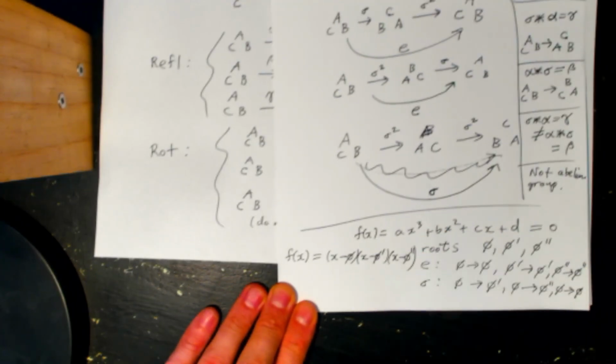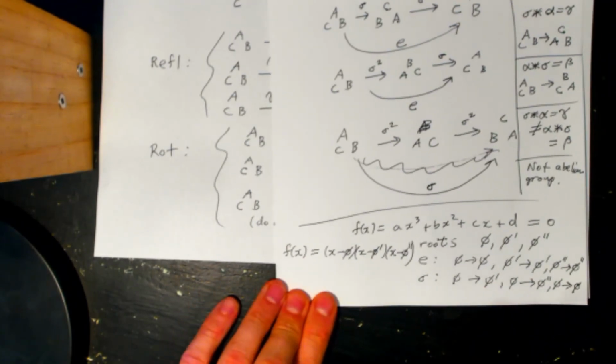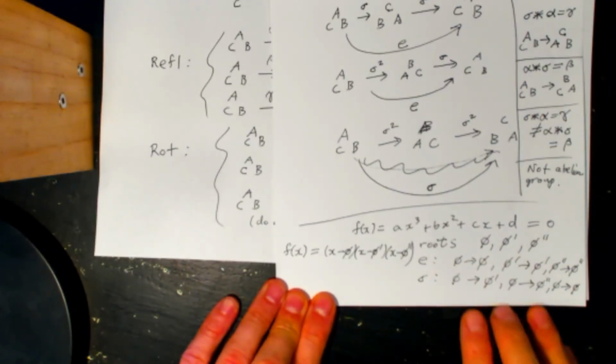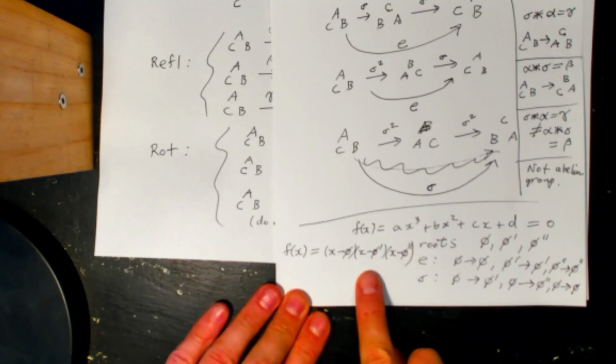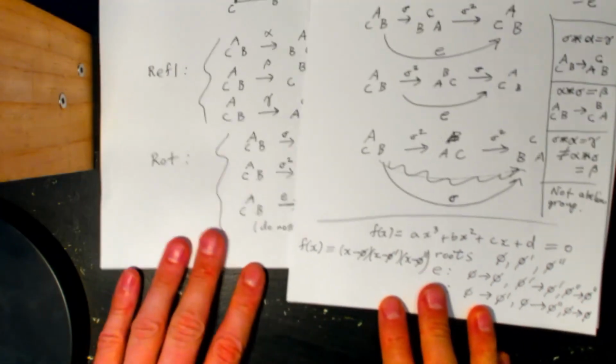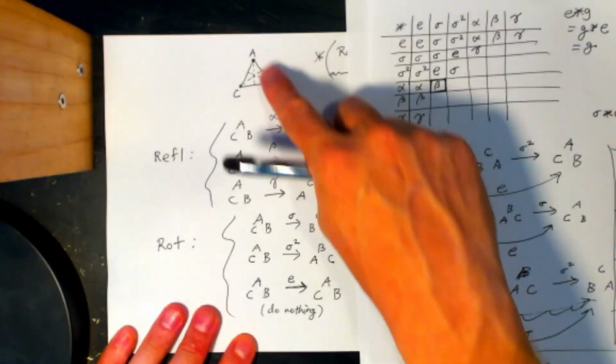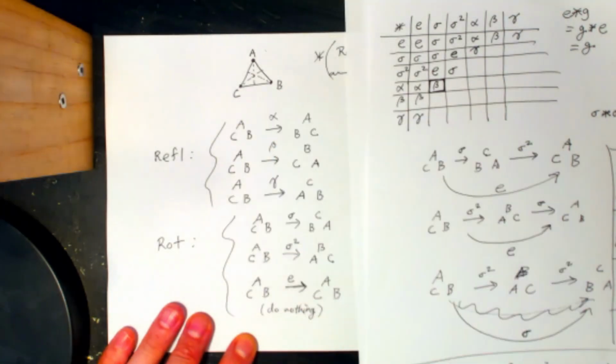So my claim to you here is that there is an isomorphism between the operations of permuting those roots and the operations of the symmetry of that equilateral triangle.